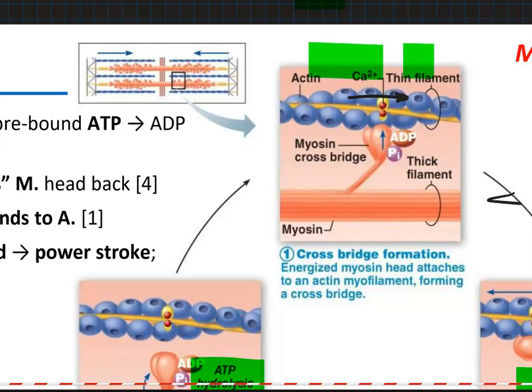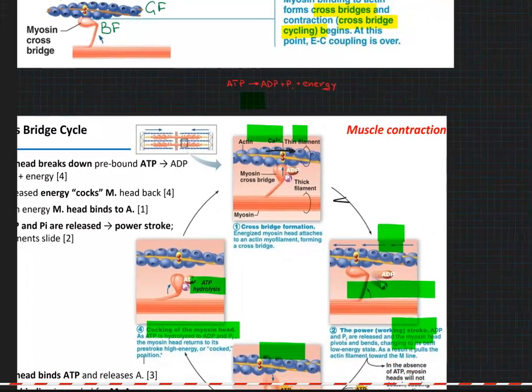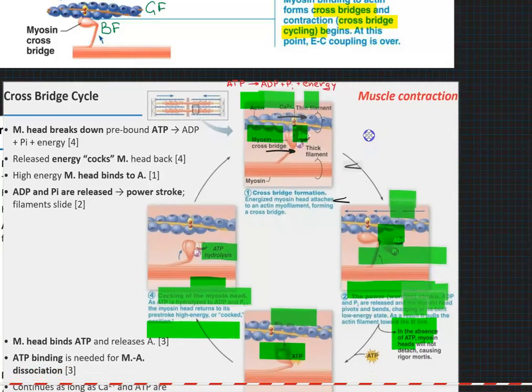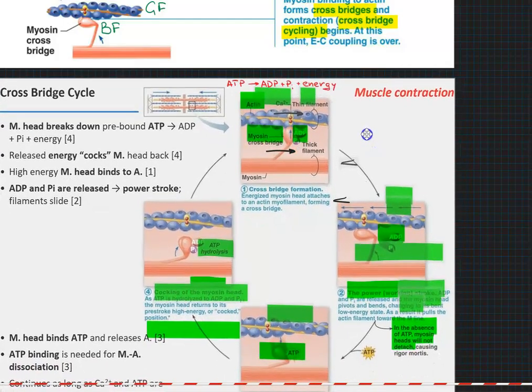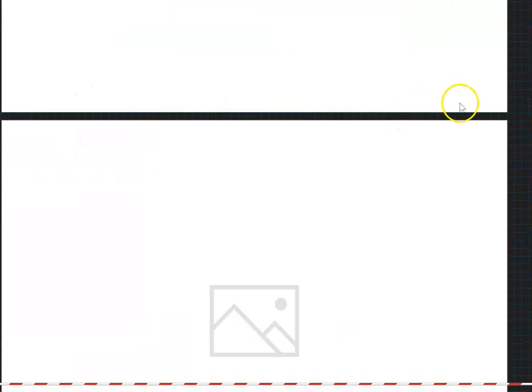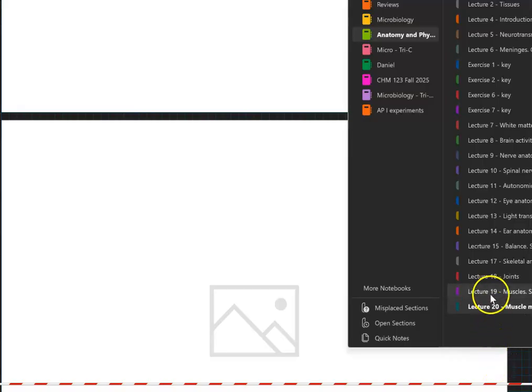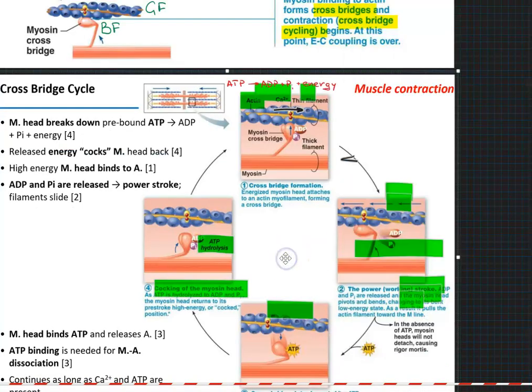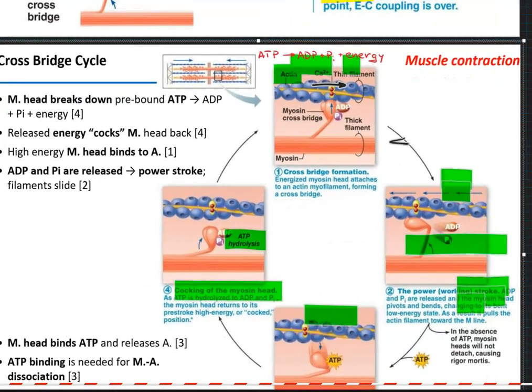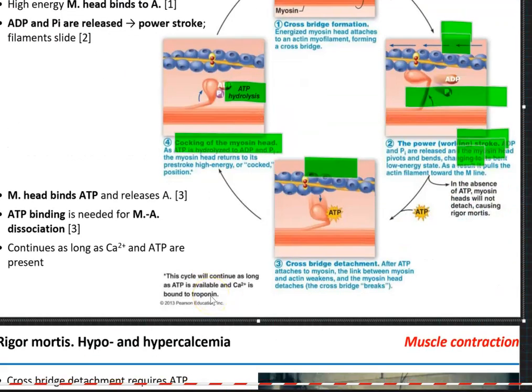That make sense? To form the cross bridge again, and start the process of contraction from scratch.